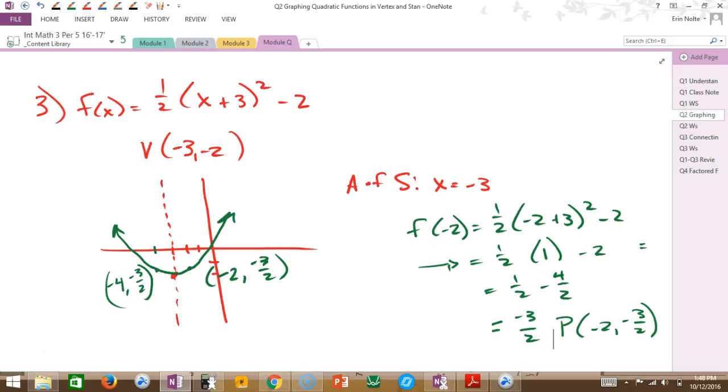It's technically getting wider. The 1/2 makes the parabola wider. Wait, so what's that? -4 and -2? Yeah. So why be straight if it were 1? What do you mean?